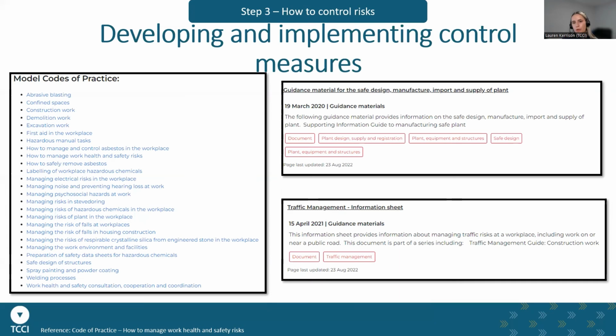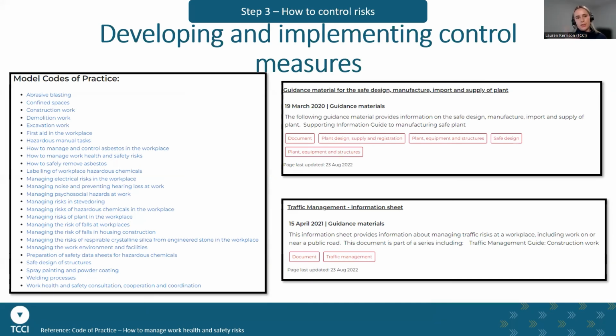There are also manufacturers and suppliers of plant, substances or equipment. They might have their own guidance materials that they give you if you purchase something, and industry associations and unions may also be able to provide some information.